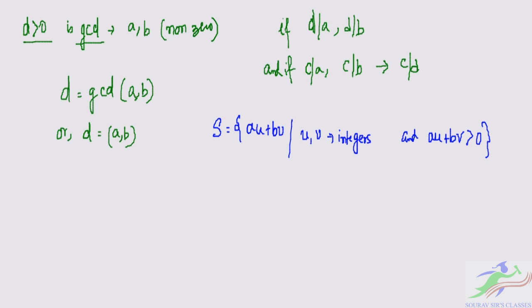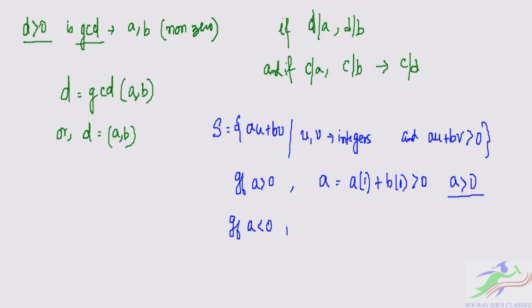From here, if a is greater than 0, then we have a equal to a into 1 plus b into 0, which is greater than 0. So a is greater than 0. Now if a is less than 0, then we have minus a into minus 1 plus b into 0, which is greater than 0.